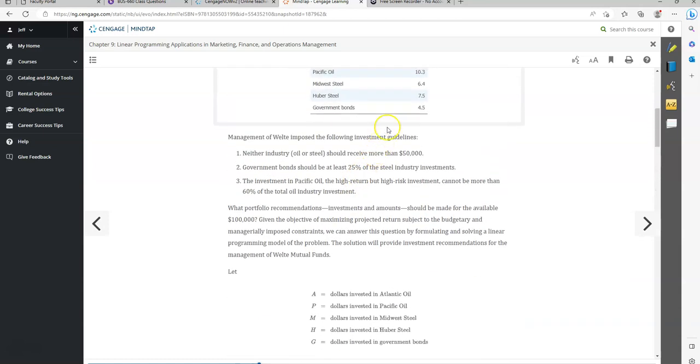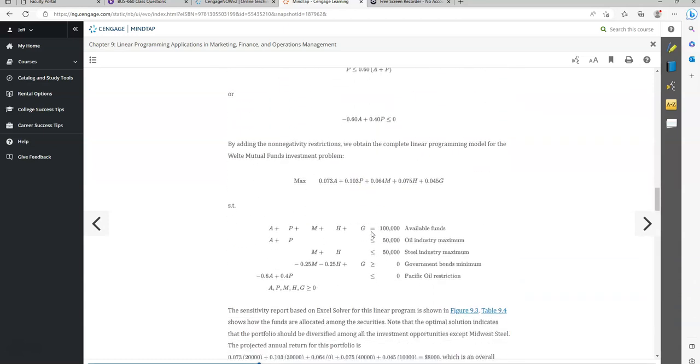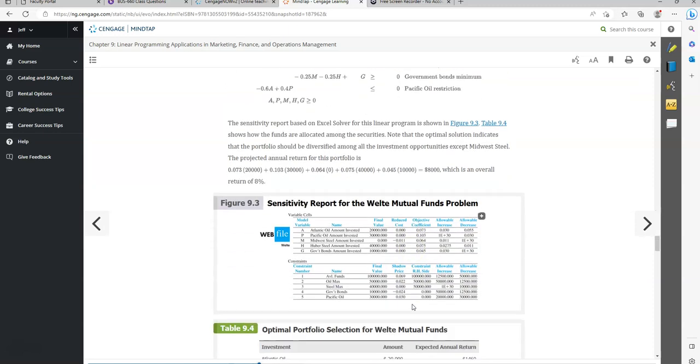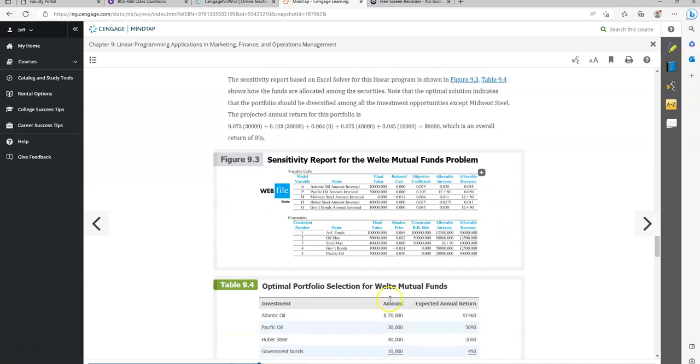Let me just check that here. Yep, government bonds. So this is going to be your optimal solution, this mix of values, and it looks like the profit, or the interest, or the return on the investment, is about $8,000. And then you've got your sensitivity data here.